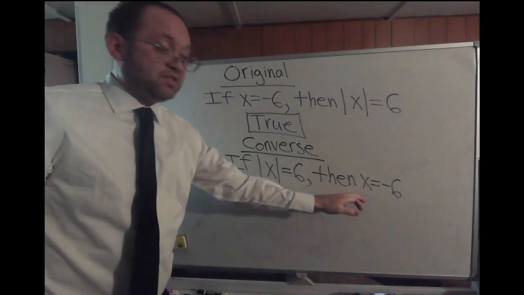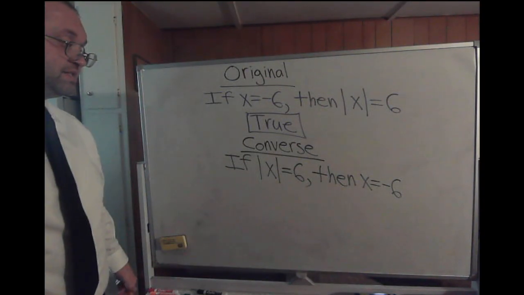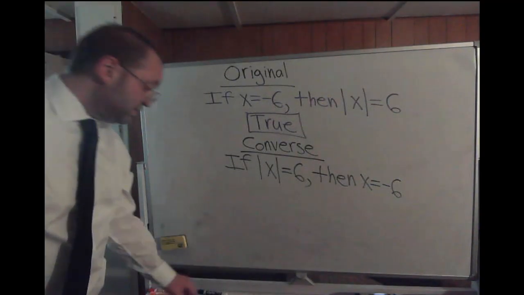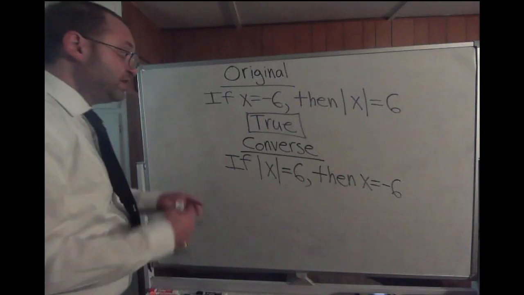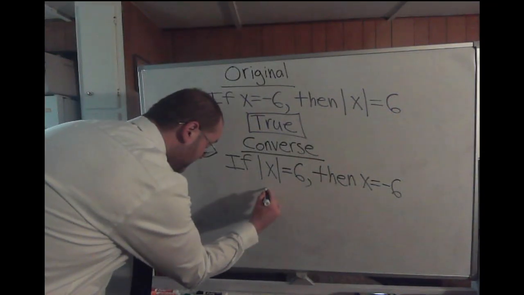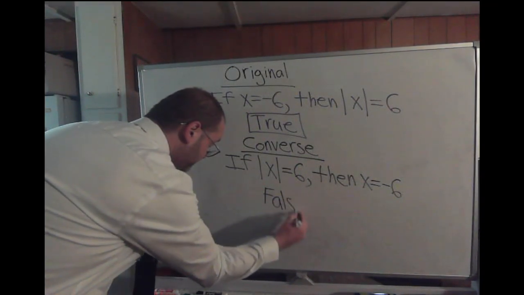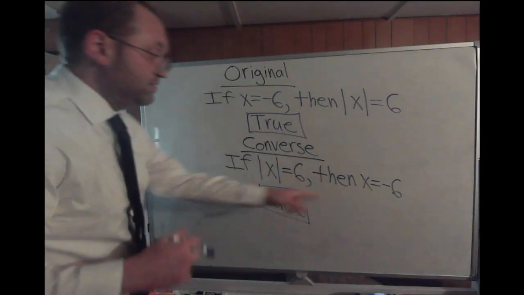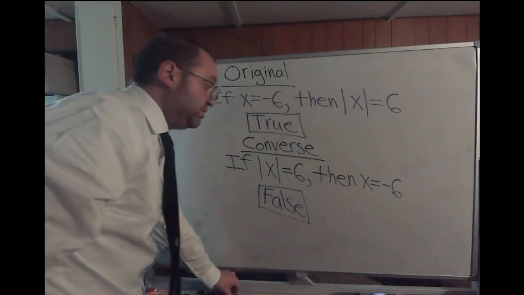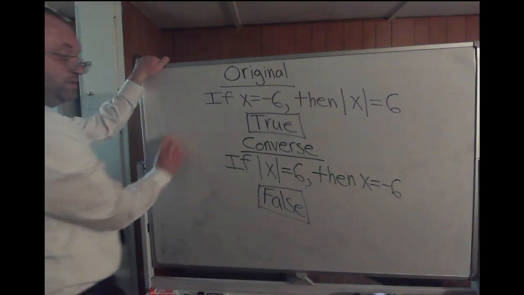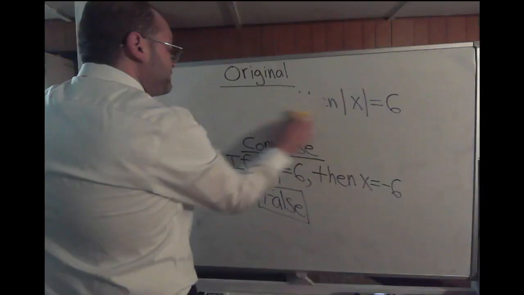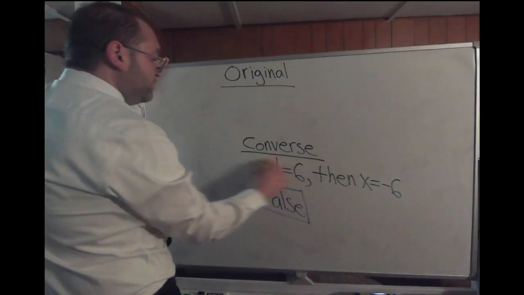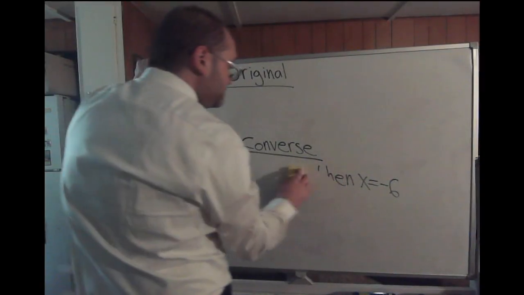This is only one solution, x equaling -6. X could also equal +6. So it's missing a solution. This is only partly true, which therefore makes the statement false. If it's only partially true, you have a false statement, because it may not equal -6, it could equal +6 also. So there's some examples of an original statement and its converse.